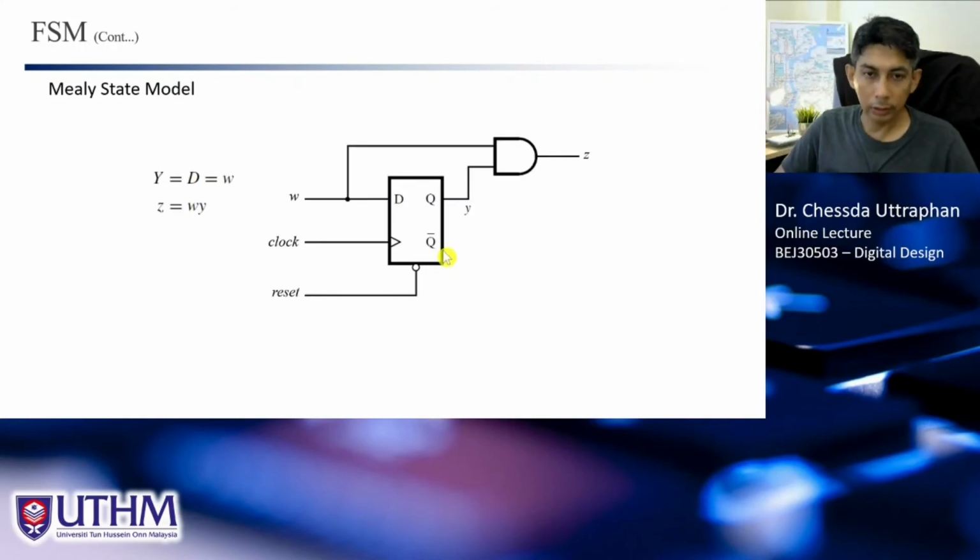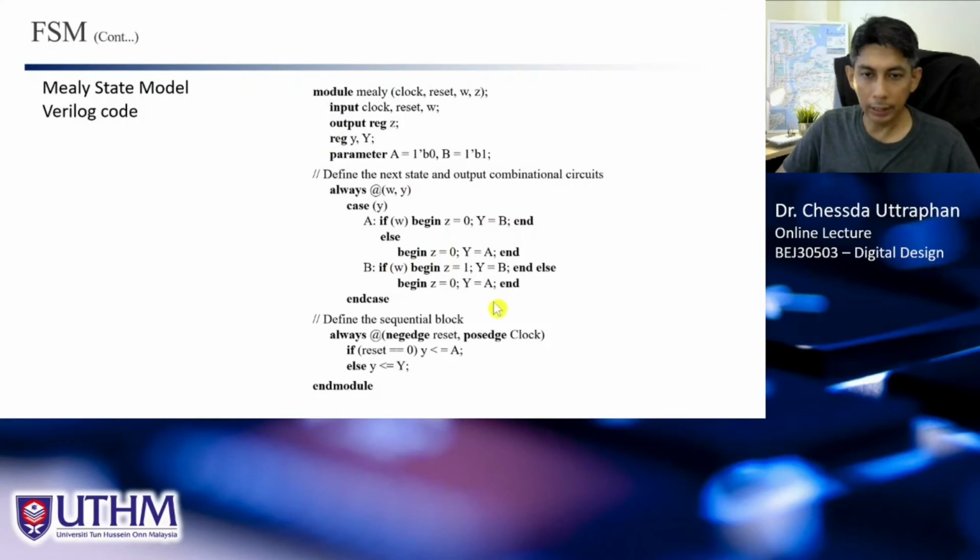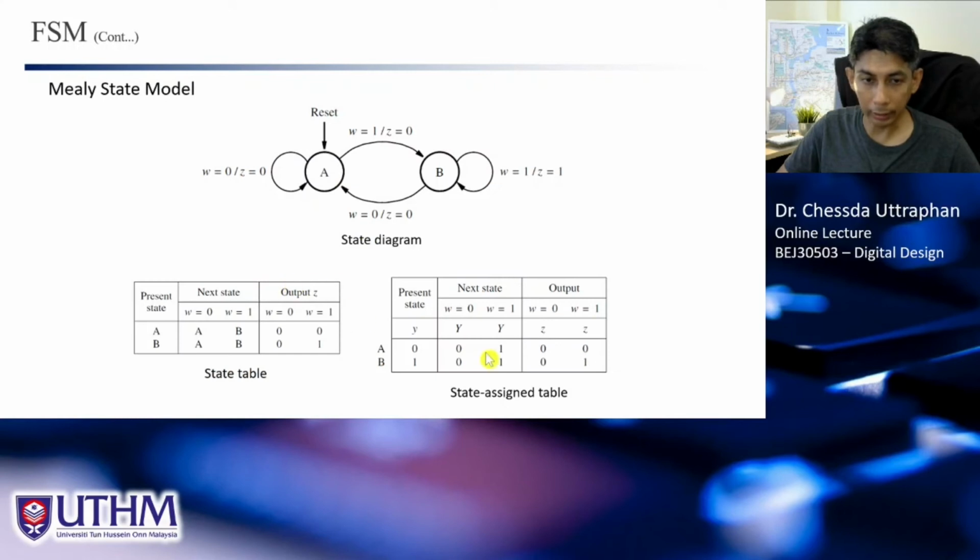Okay, so now this is the Verilog code or Verilog program to represent that. This is quite straightforward actually. And the good thing about Verilog is, again, you don't need to do this actually. You don't need to have the state table. You don't need to have the state assigned table.